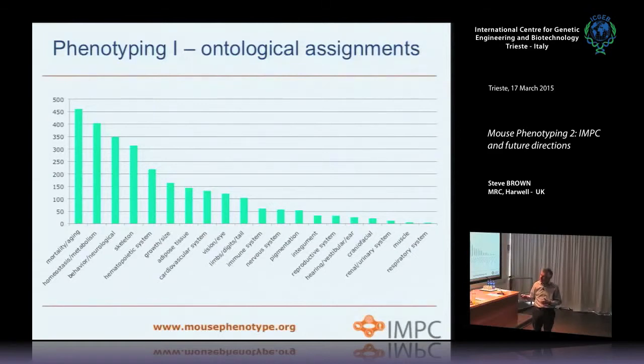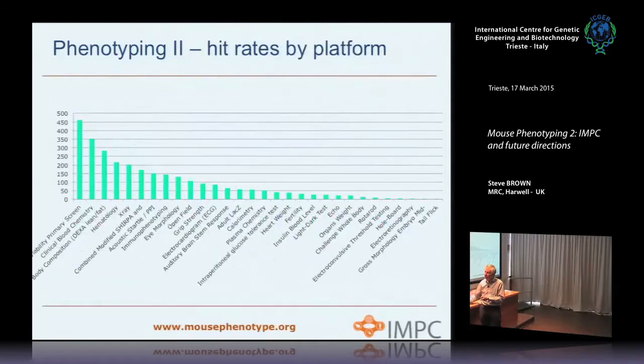Of course, in some areas, the respiratory system's an example, we're not doing so well. We're not getting so many genes where we see phenotypes. And that partly reflects, of course, the phenotyping pipeline we have. It isn't perfect. We always want to improve it. We'd like to get more information for the same amount of effort. So this kind of graph indicates that we're doing pretty well in getting broad brush comprehensive phenotype information, but in some areas we need to do better.